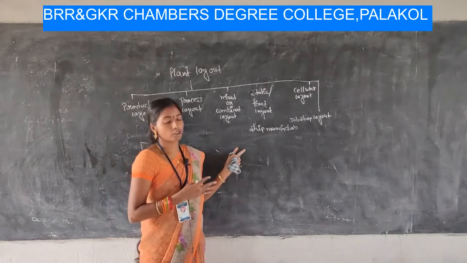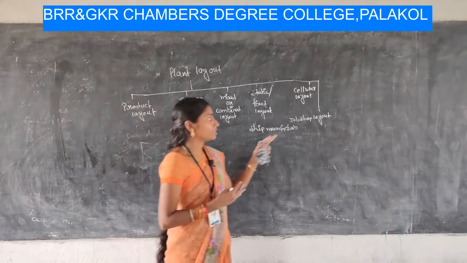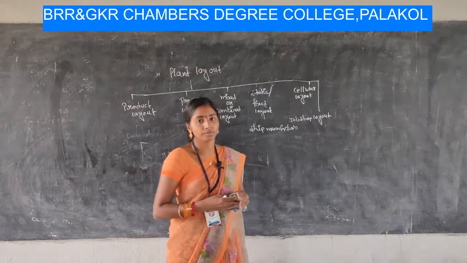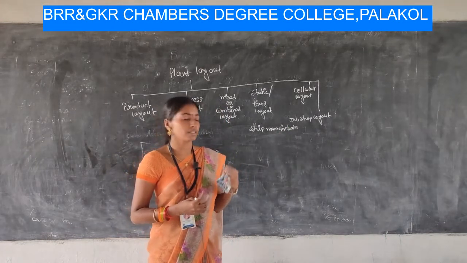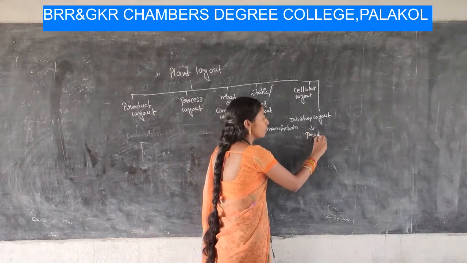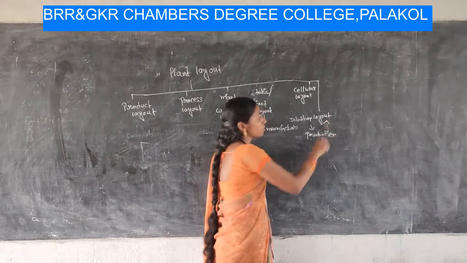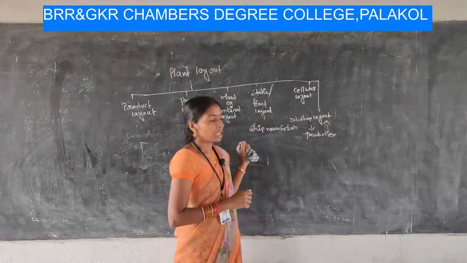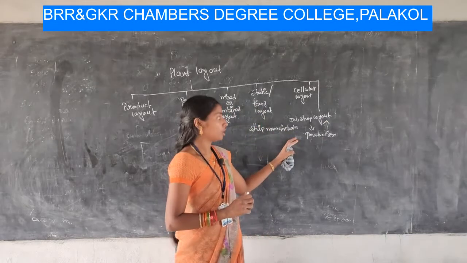So this layout is called cellular layout. And next one is job shop layout, in which, as we know, the production process is the job shop production process. If the organization is following the job shop production process, then it follows the job shop layout. Okay, so it is another type of layout.